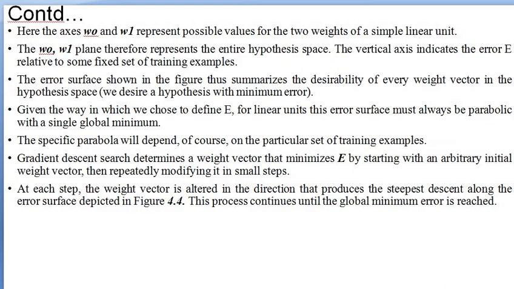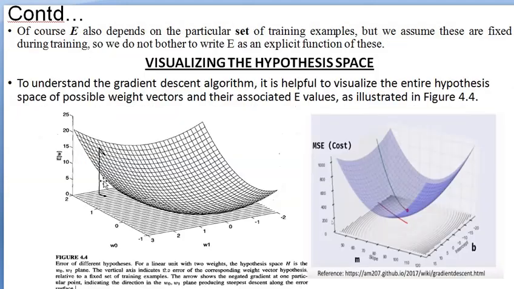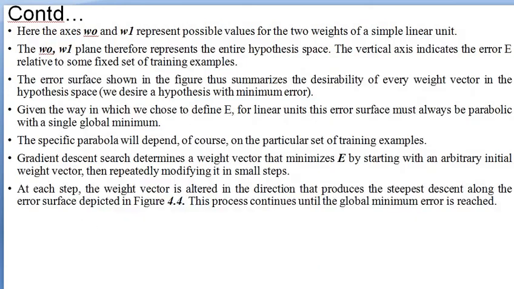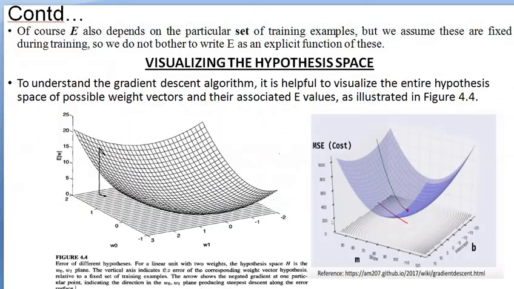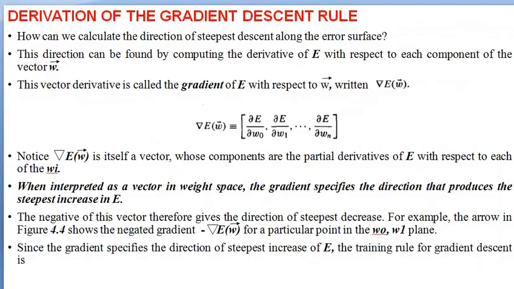Gradient descent will search this hypothesis space for the point where the error is 0, and at that point it will take the values of W1 and W0. That is the job of the gradient descent algorithm, which minimizes the error in this parabolic plane.